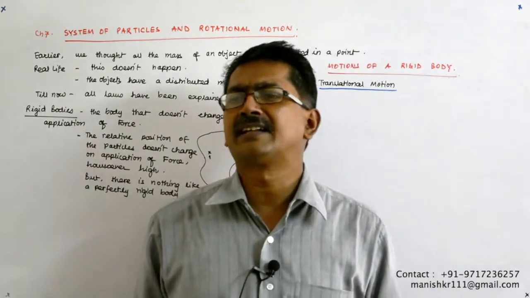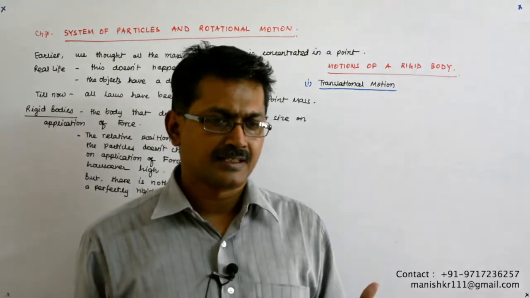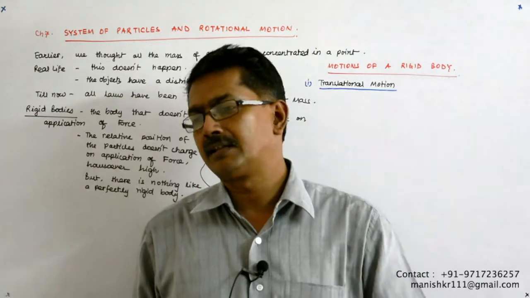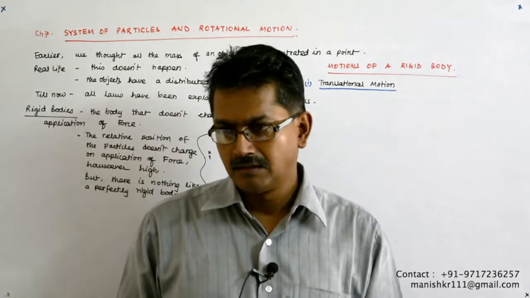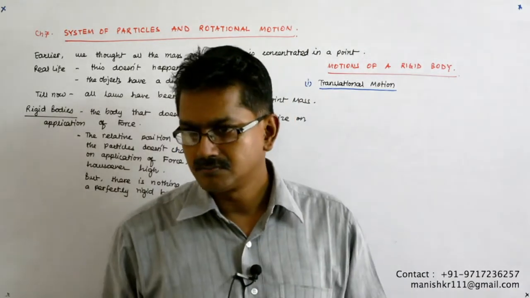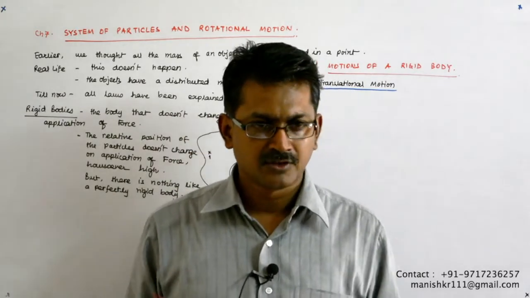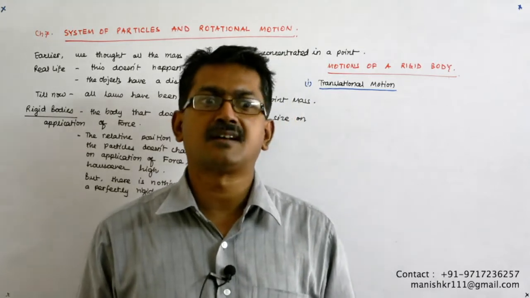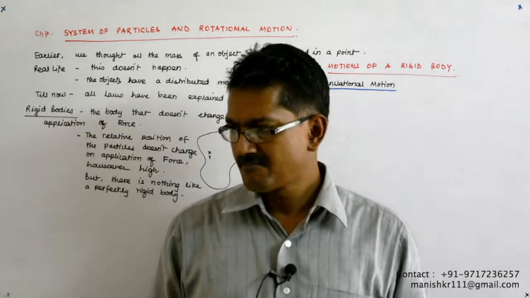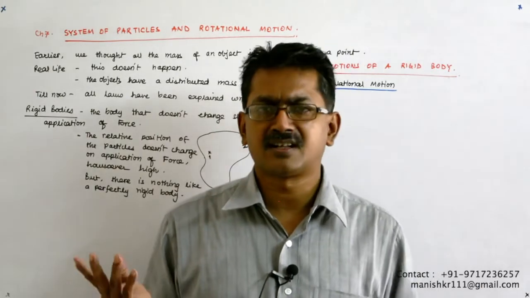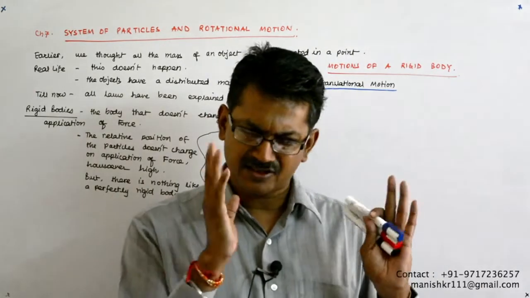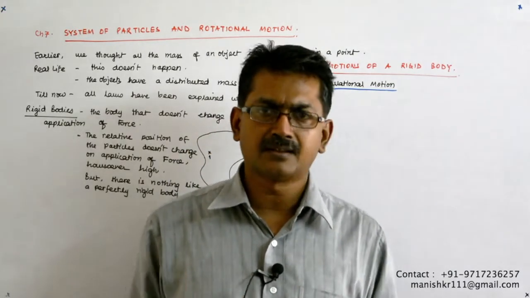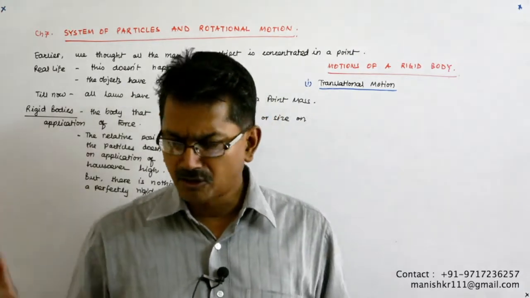But there are so many things, even when we are unconscious, so many motions around us which are rotational. This fan, this AC, right? You walk, your legs are also undergoing a rotational motion. They are not translational motion. So many things around us are translational as well as rotational, but the translational is something that is understood by us in a simpler manner, and rotation is something that we normally do not understand.